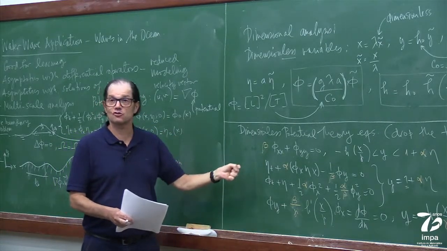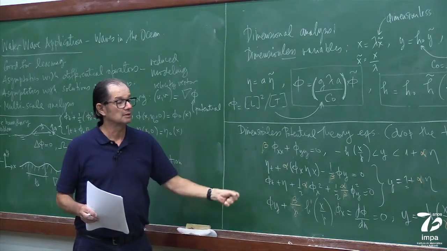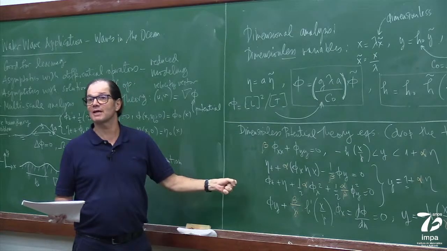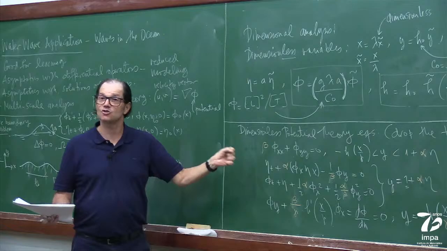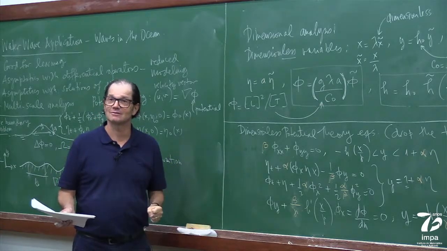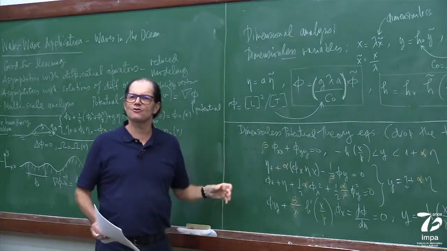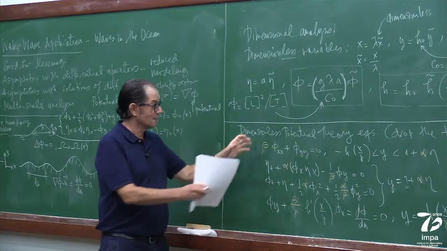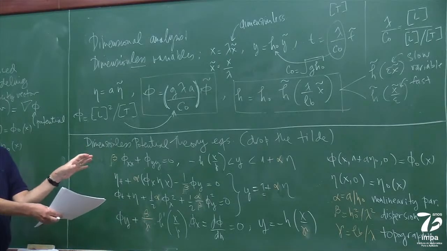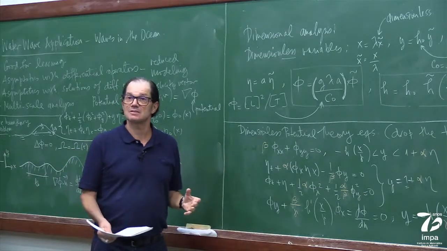I can even extract, which I won't have time in the course to do, but I'll just indicate a little bit, the Schrödinger equation, which is a famous equation from quantum mechanics, but that has not the same meaning, of course. And if I even simplify further, I get the shallow water equations, which I taught many classes ago. So this equation here is beautiful because it leads to many, many famous systems.